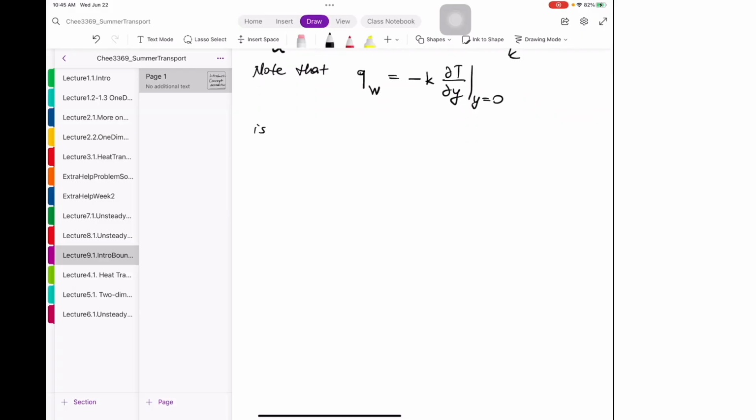And this is analogous to what you have seen in fluid mechanics, which is the wall shear stress, tau_w is equal to minus mu del v_x over del y at y equals 0.